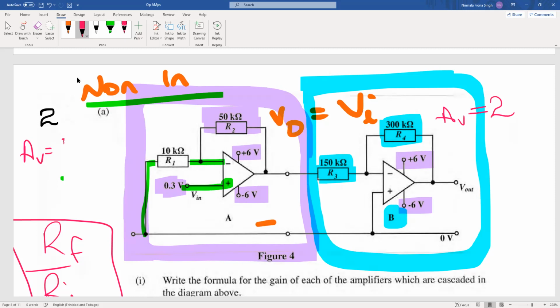I will write out the formula before they say it. What is the gain for a non-inverting amplifier? Look in your notes fast.